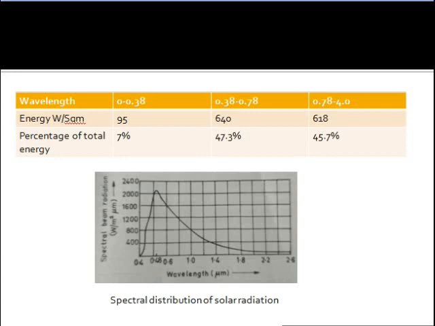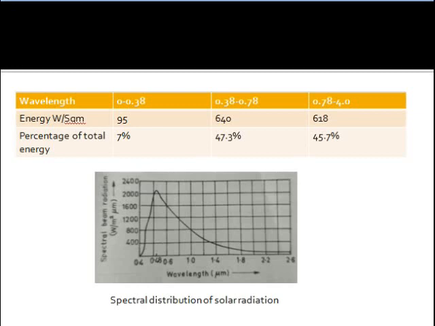the region of ultraviolet light, and it is only 7% or 8% sometimes, so plus or minus 1%. So only 7% or 8% of the total energy of the radiation coming to earth is because of the ultraviolet radiation.